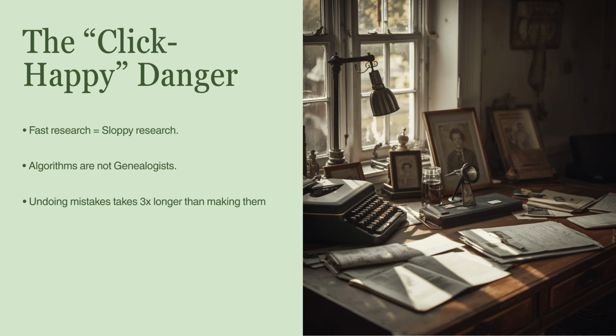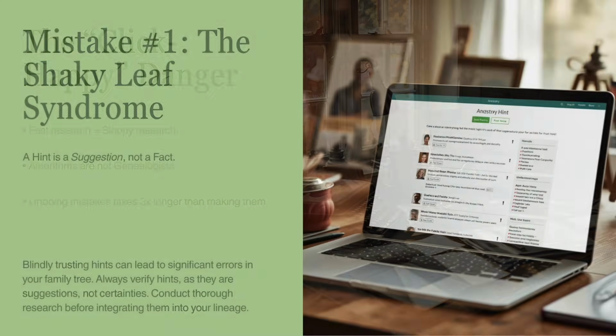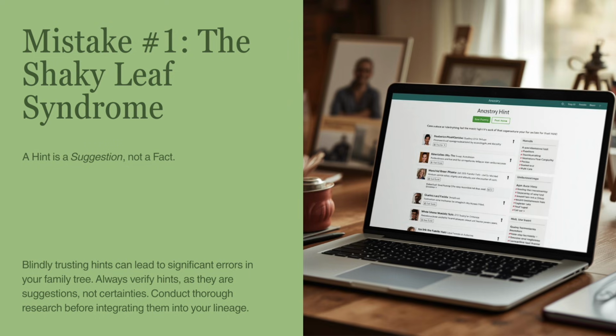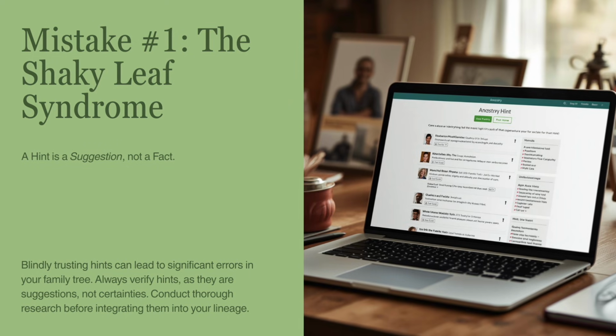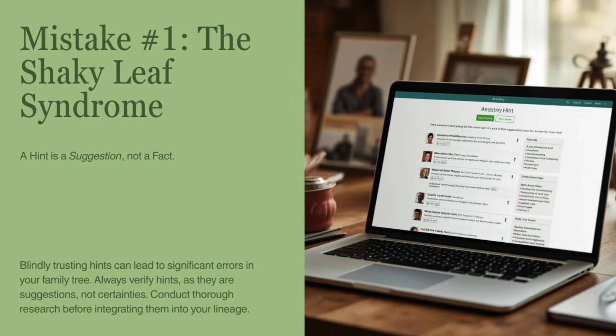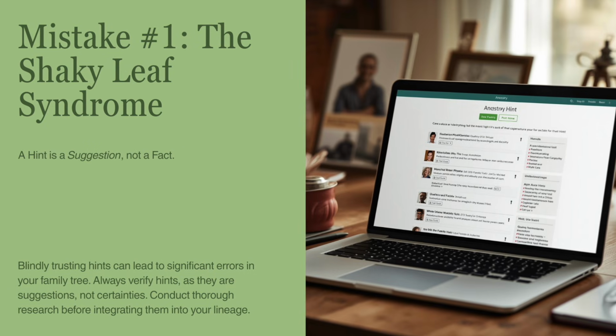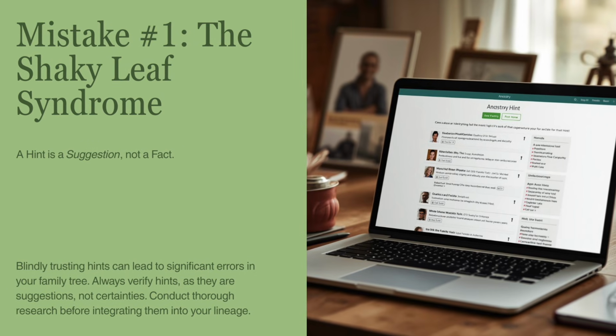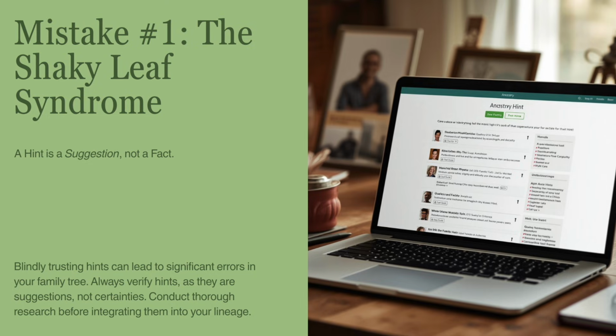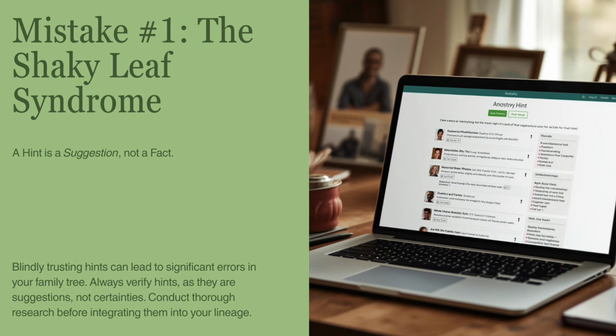So let's dive in. Mistake number 1 is what I call shaky leaf syndrome. This is blindly accepting ancestry hints without reviewing them. Huge no-no. You have to understand how the algorithm works. Ancestry's computer is just matching text strings.